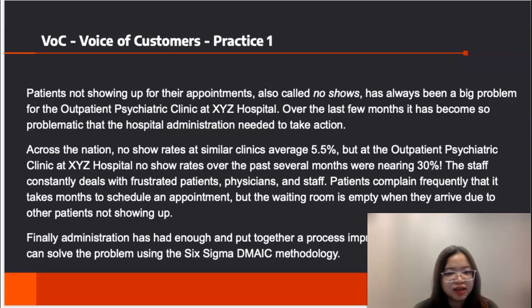However, in the psychiatric hospital, the no-show rate is nearly 30%. The staff constantly deal with frustrated patients, physicians, and staff. Patients complain frequently that it takes months to schedule an appointment, but the waiting room is empty when they arrive because other patients are not showing up.